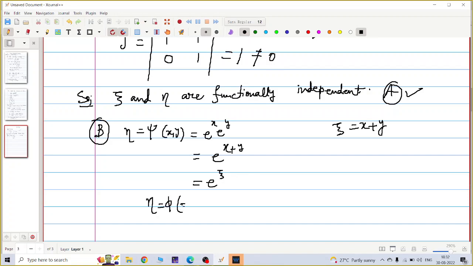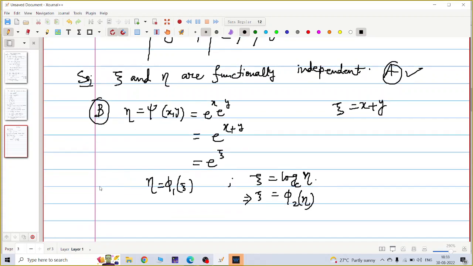Or you can say xi equal to log of eta. So xi is another function, say phi 1 and phi 2. So it is already happening: xi and eta are functionally dependent this time. This functionally independent case I will not consider.